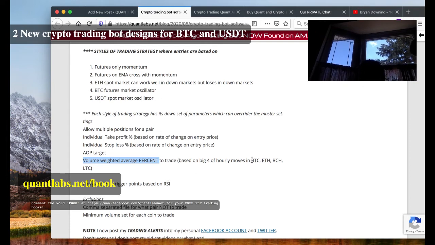So you've probably heard me mention this a lot, these what I call the big four. So these are your Bitcoin, Ethereum, Bitcoin Cash, and Litecoin. Usually by volume, these are your 4 largest. You could add XRP in there, or there's been Stellar in there as well. Those coins are very volatile, and when they move, they really skew this metric badly.